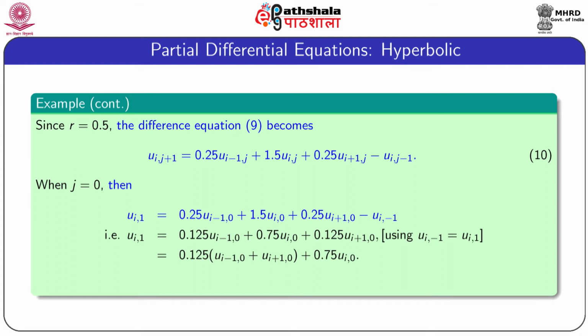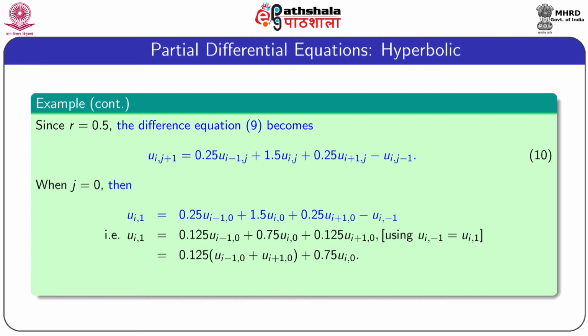So, using the value of u(i, -1) as u(i, 1), the equation is transformed to u(i,1) = 0.125 u(i-1, 0) + 0.75 u(i, 0) + 0.125 u(i+1, 0).